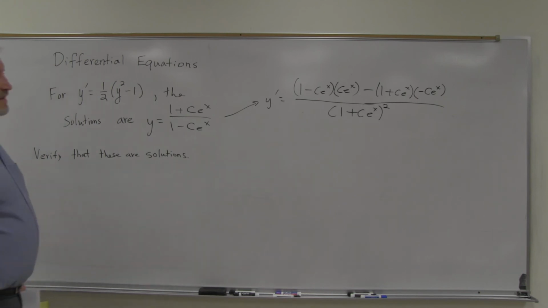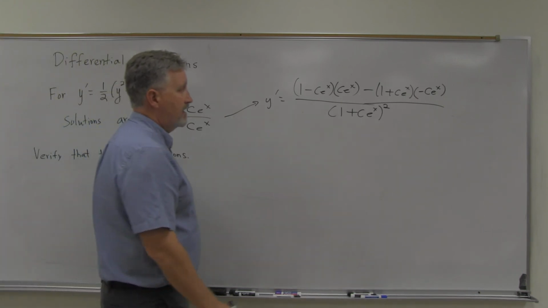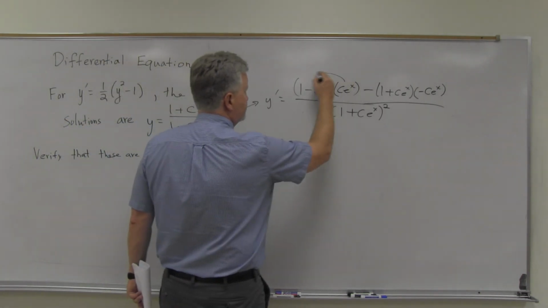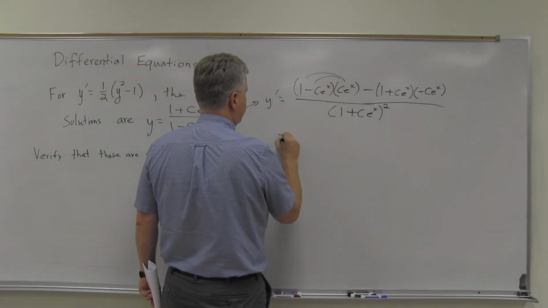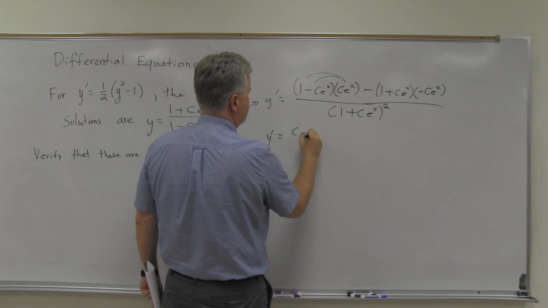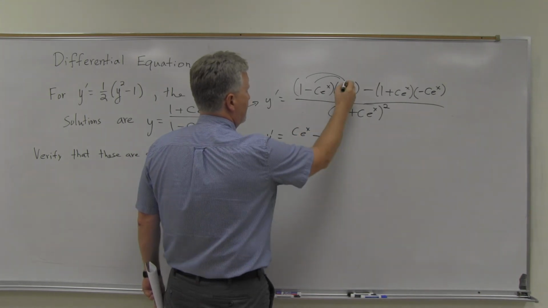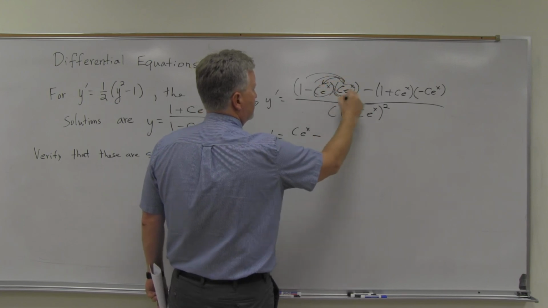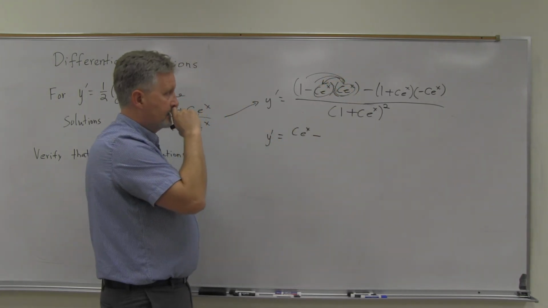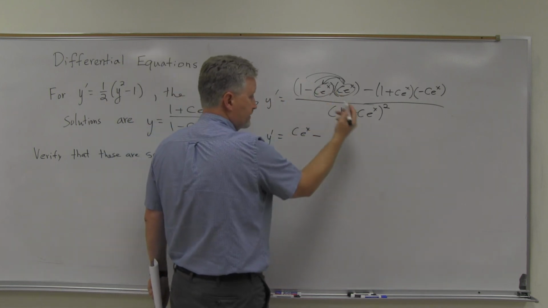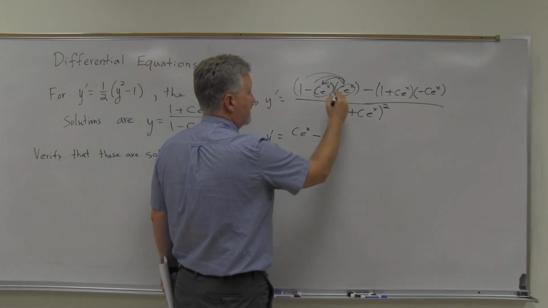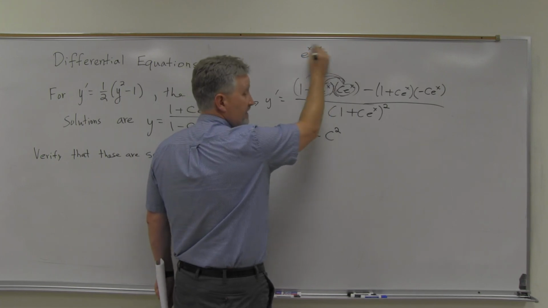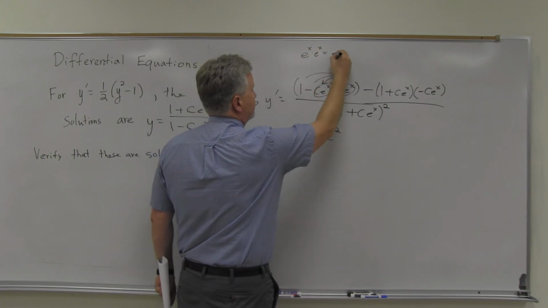Looks pretty complicated, but if I remember right, these simplify. If I distribute this out, the derivative is c e to the x minus, all right, now when I multiply these two together, c times c gives c squared, and e to the x times e to the x, you add the powers, you get e to the 2x.